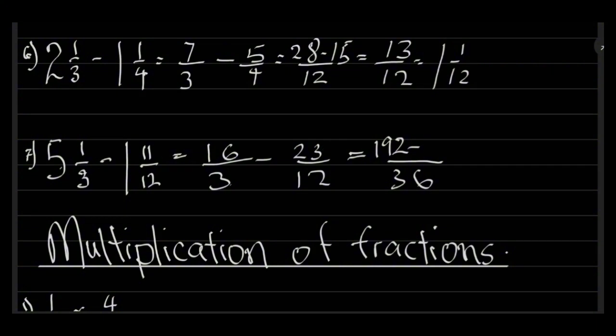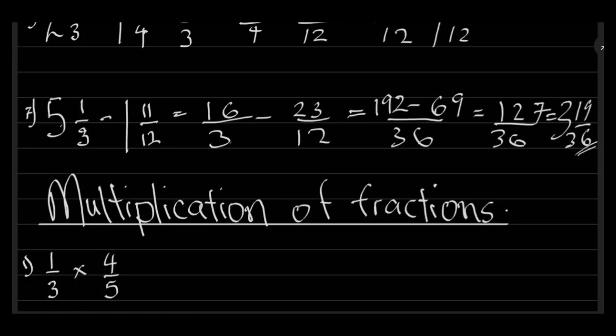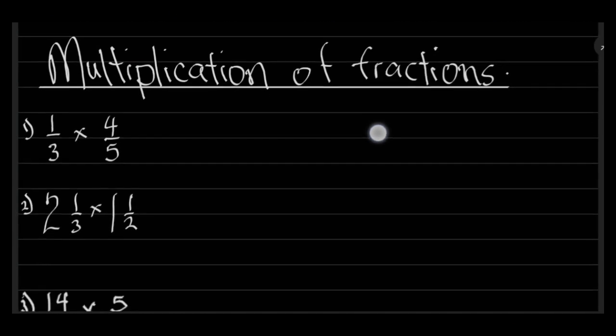Then 3 times 23 would give us 69. When we do a subtraction, we have 127 all over 36. And since we cannot cancel out, we write it as a mixed fraction, and that will give us 3 whole number 19 over 36.